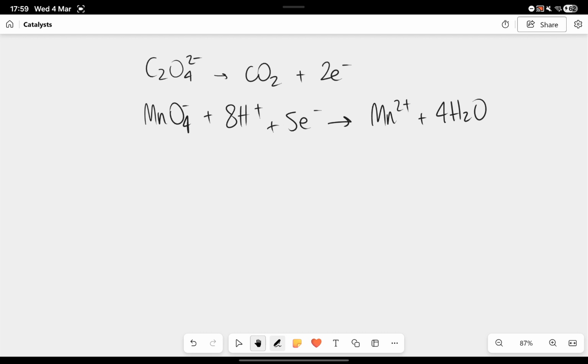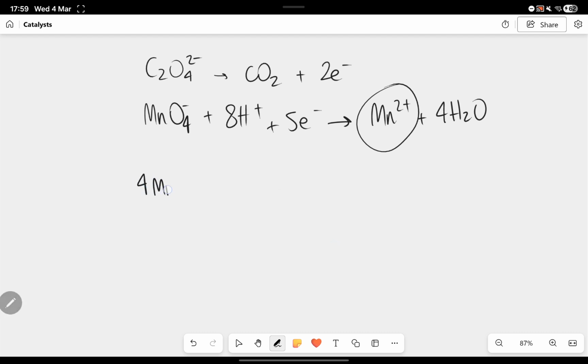Now, the catalyst is the manganese. The manganese 2+ is the catalyst. So as more manganese is formed, the reaction speeds up. This is similar to the role of the iron ion in the previous reaction, and this is how it works.